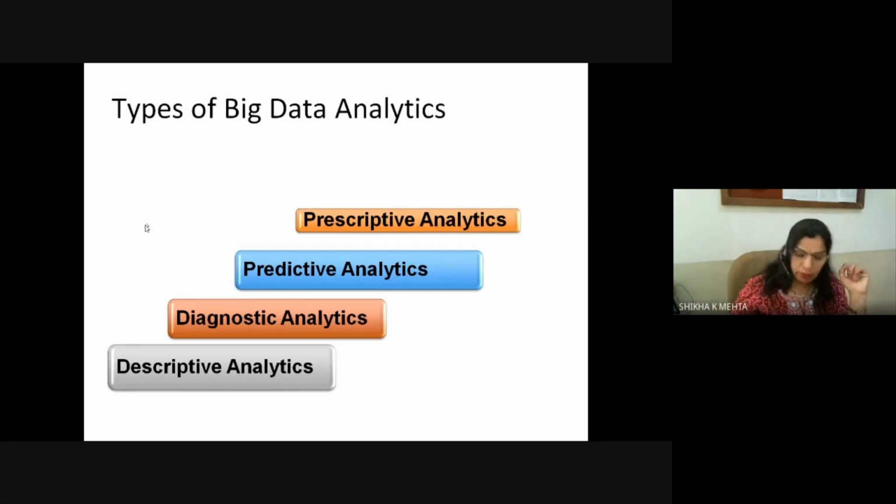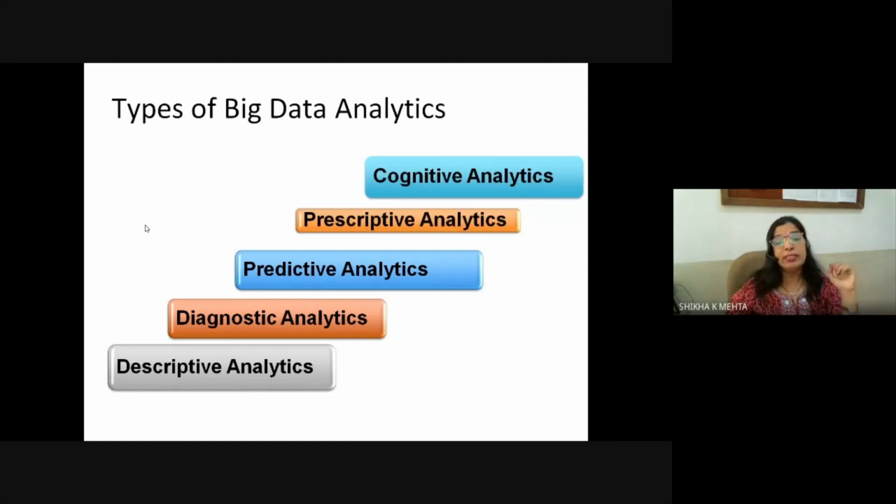And these days we also talk about cognitive analytics. Cognitive analytics understands behavior. It is mostly used, for example, with the calls we get every day from call centers. We apply artificial intelligence techniques on these call records, the voices, the interactions that have been recorded, and identify various patterns in these interactions.